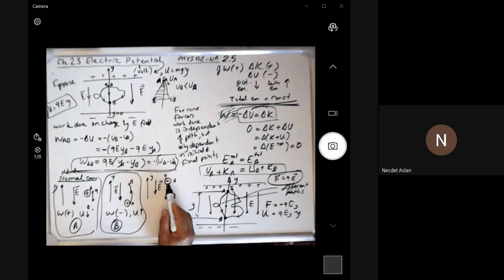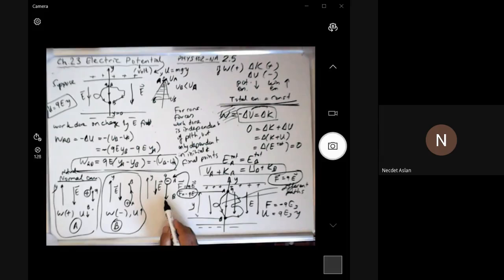If you release this charge, normally it would go in the upper direction, because the electric field is downward. Remember that the force on the object, F, is just QE, but Q is negative. So the force and the electric field directions will be opposite. For this case, F equals minus QE. So it means that normally, if you just release this charge, it would go upward instead of downward.